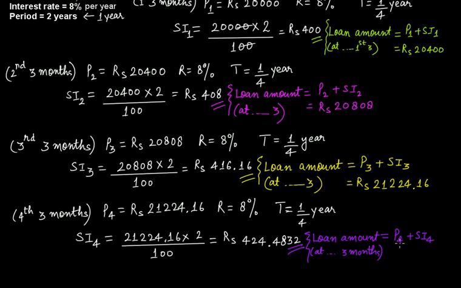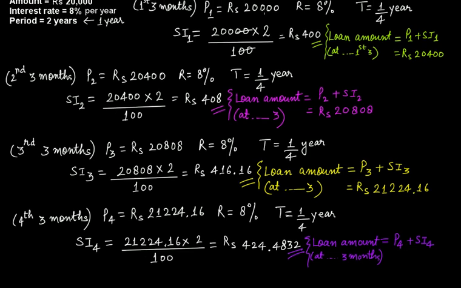It means that this is actually P1, the initial amount, plus SI1 plus SI2 plus SI3 plus SI4. So if you solve it, you'll get rupees 21,648.6432. This is the loan amount at the end of the fourth period of 3 months.